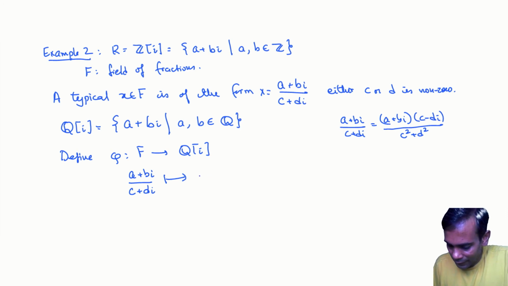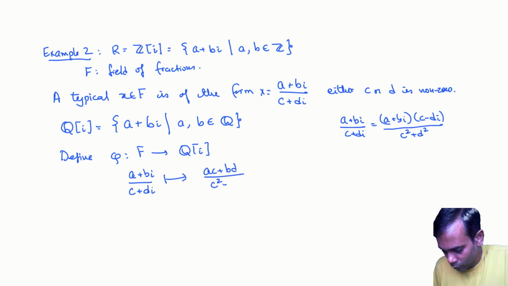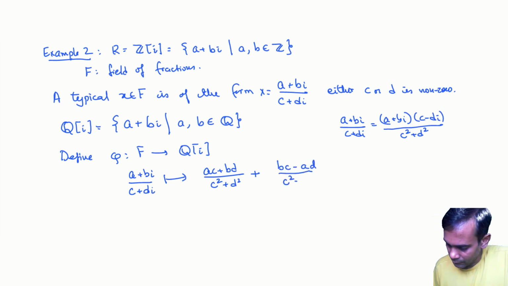So we map this to the real part, that's (ac plus bd) by (c squared plus d squared), plus (bc minus ad) over (c squared plus d squared) times i.